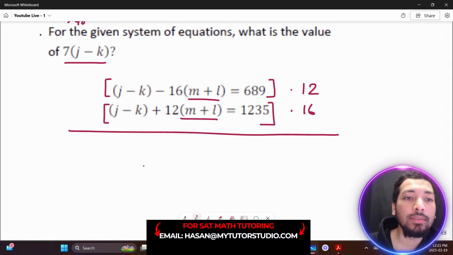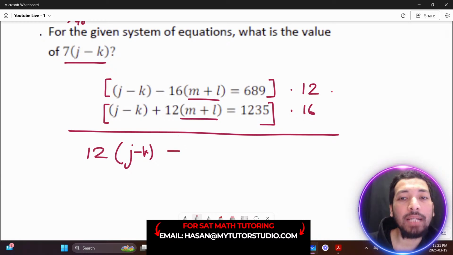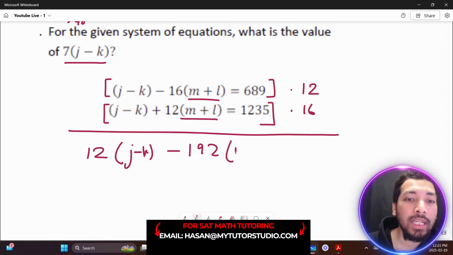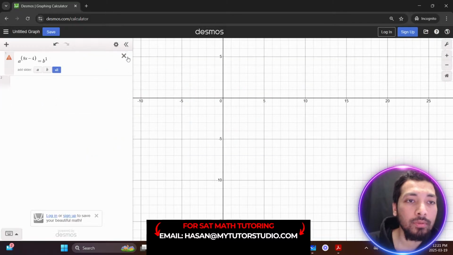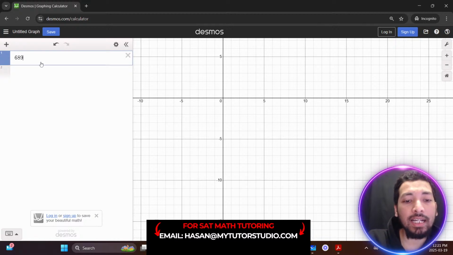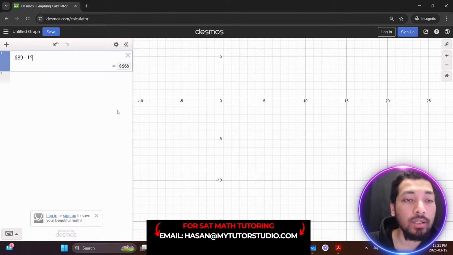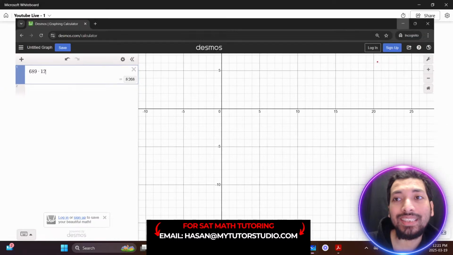If I do that, I'm getting 12 times j minus k minus 16 times 12 is 192 m plus L is equal to 689 times 12. So 689 times 12, we are getting 8,268.